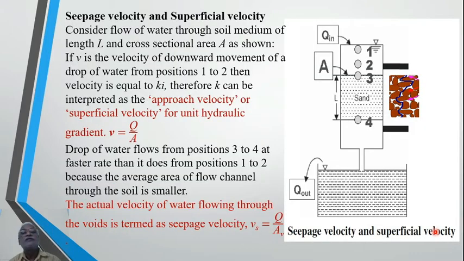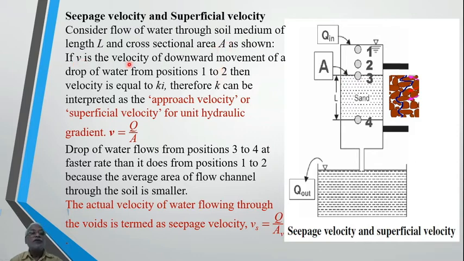Here there are two velocities, seepage velocity and superficial velocity. One has to understand this. Now consider flow of water through a soil medium of length L and cross-sectional area A. The cross-sectional area may be circular generally, or any other shape.